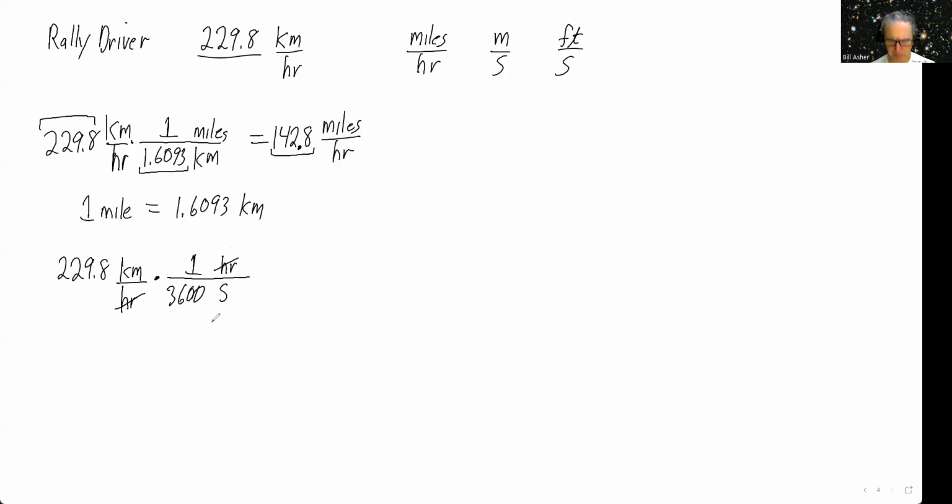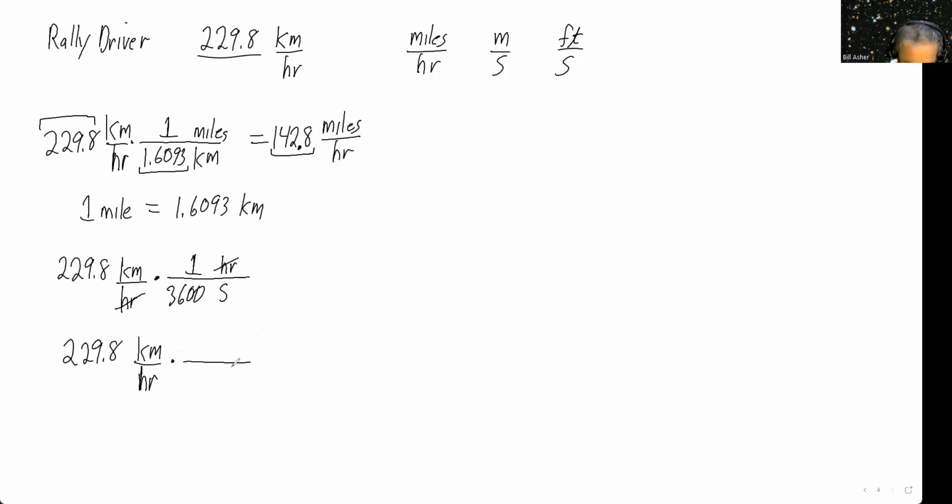Oh, they want me to do meters per second. Oh, okay, all right. So I've got it into seconds this way, but there's a second way to convert hours into seconds. 229.8 kilometers per hour. And it absolutely doesn't matter how you do it, you'll get the same number.